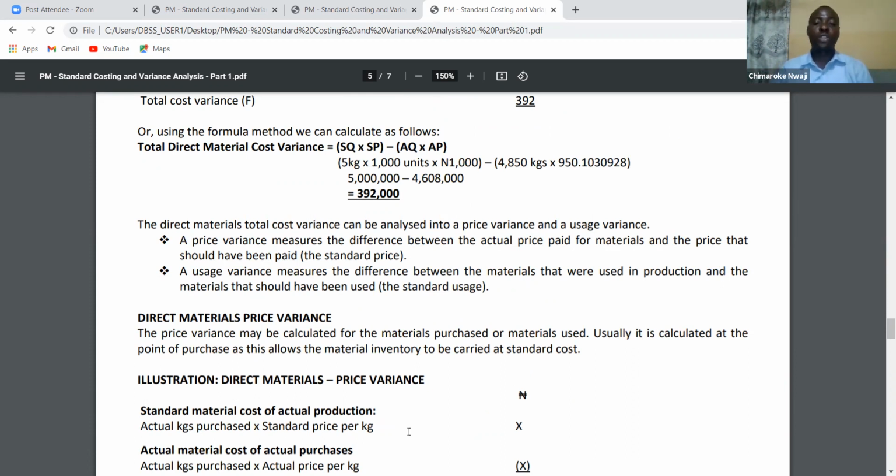It means that the production manager will take the glory for the 150,000 naira variance because of the usage variance, while the purchasing manager will take the glory for 242,000 for the price variance.